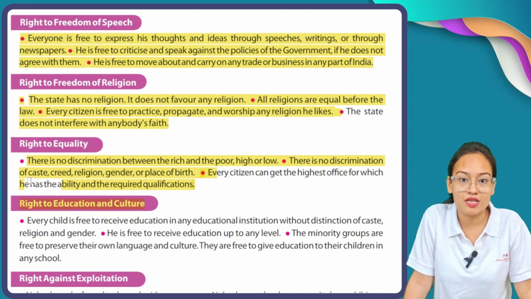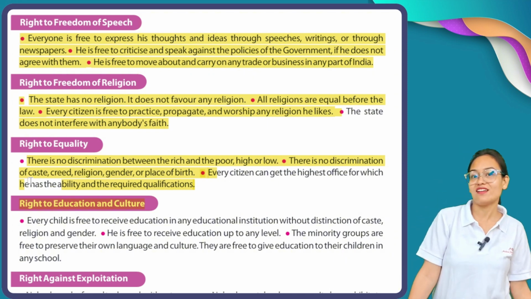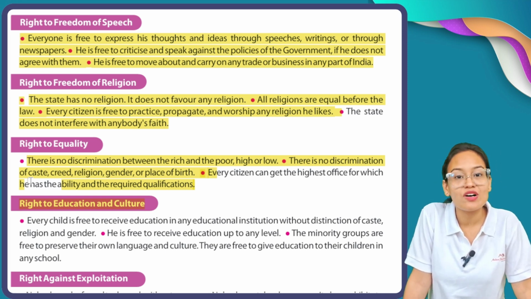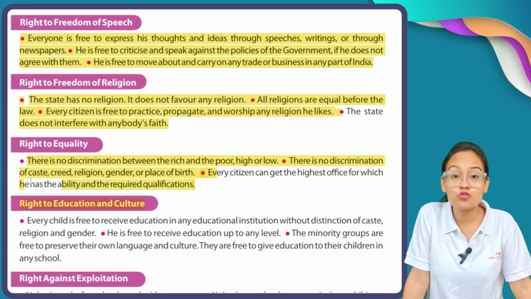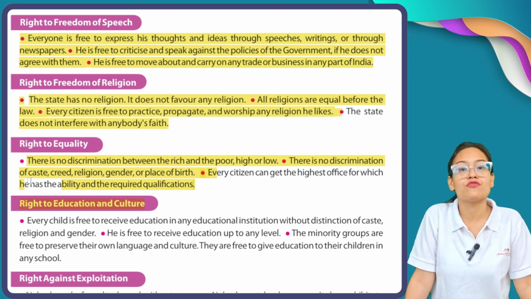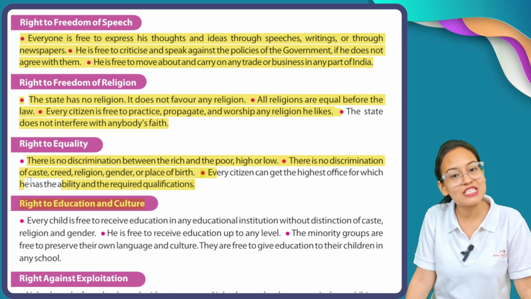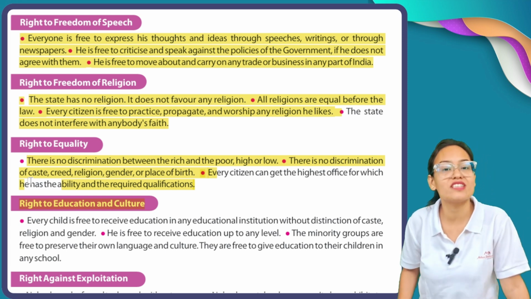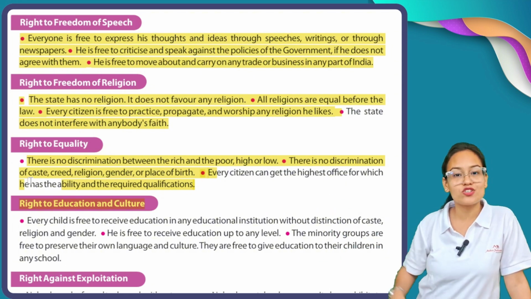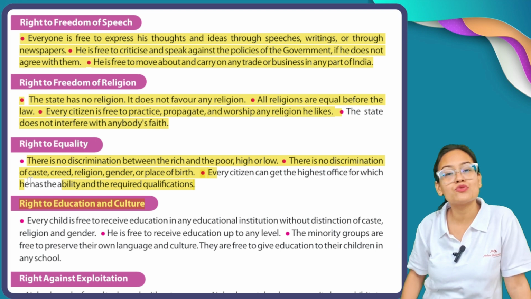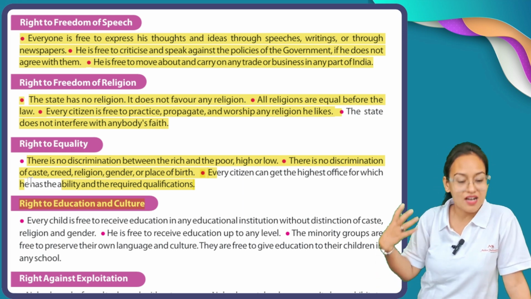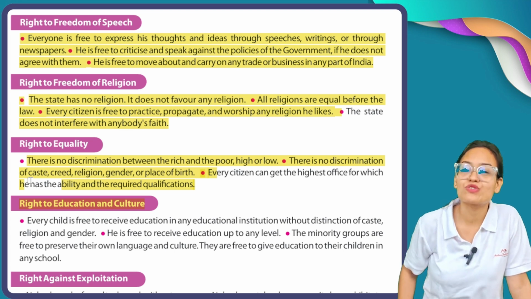Maybe in the eye of society, he or she belongs to a certain community, so they don't have the right to enjoy this luxury. But you know what, in the eye of the Constitution we all are equal. That's why, if a person topped the UPSC examination, it doesn't matter which caste or religion they follow, they are going to get equal opportunity, because this right has been given to us under the right to equality by the Constitution of India.